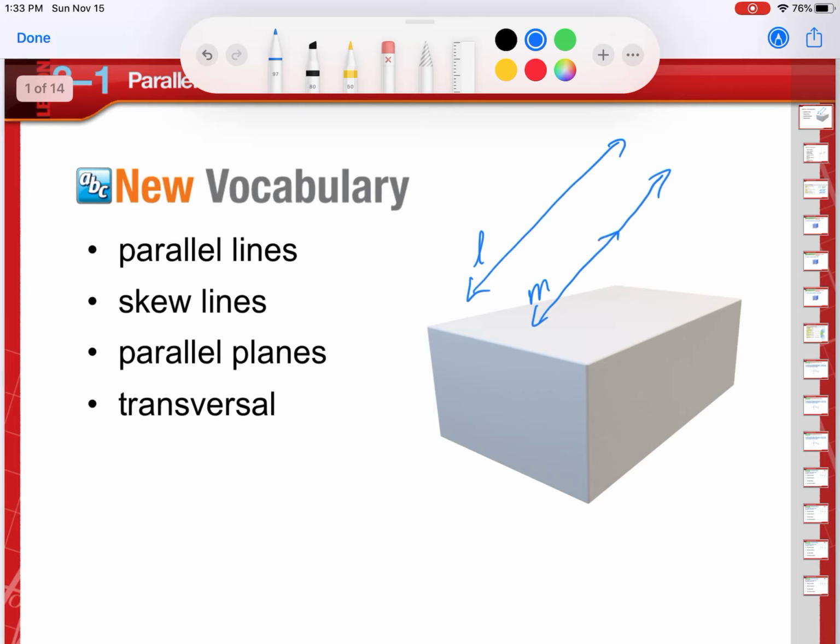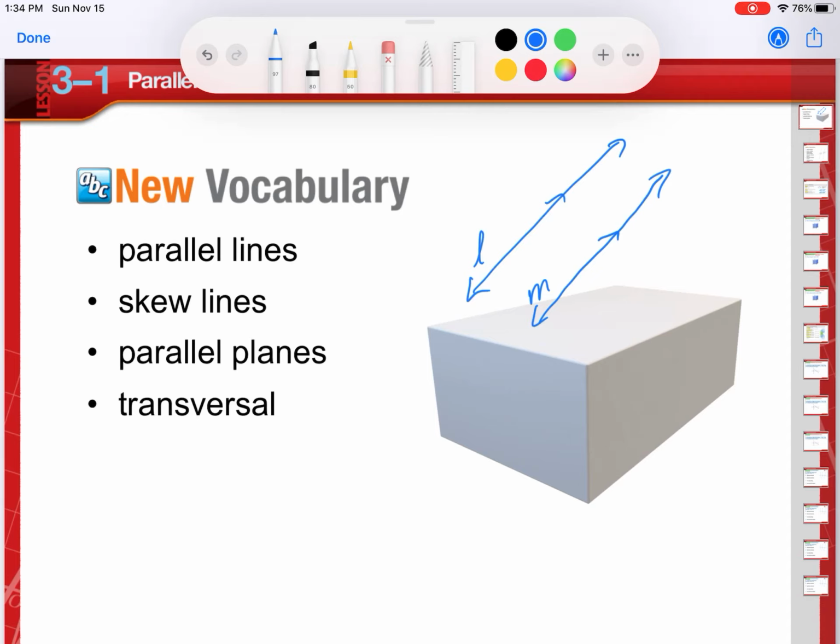On lines like this, you'll see a little arrow in the middle of the line, symbolizing that those 2 lines are in fact parallel to each other.